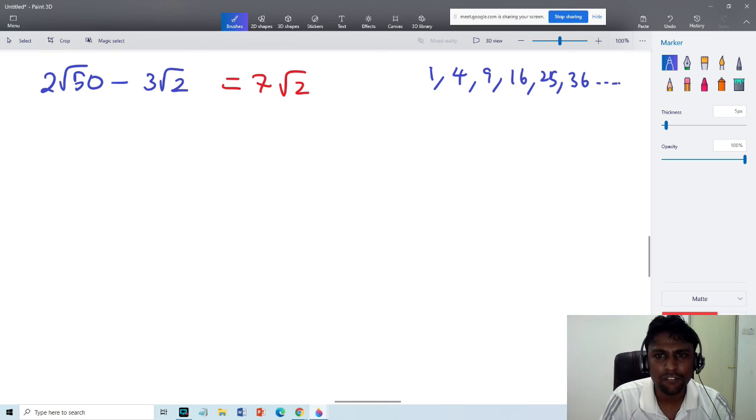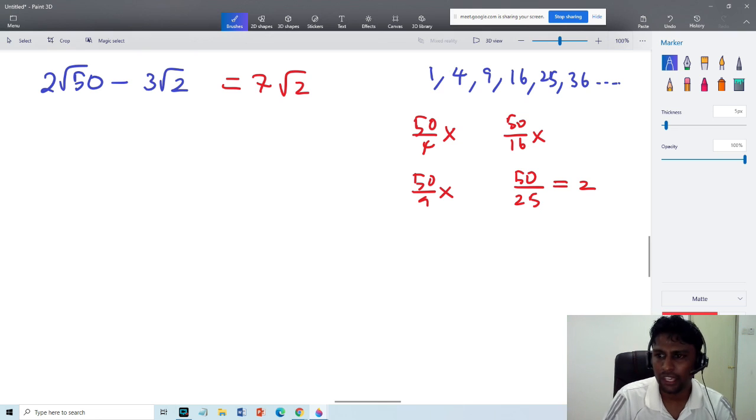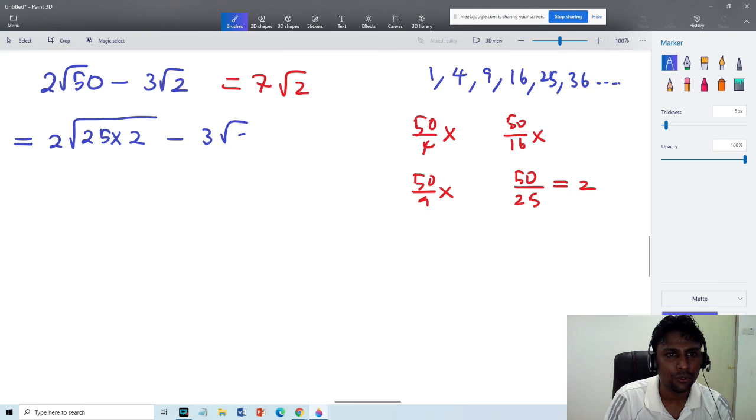First, 50 divided by 4, not a whole number. 50 divided by 9, also not a whole number. 50 divided by 16, not a whole number, but 50 can be divided by 25, so this works. We divide and you get 2. Which means I can write this as equal to square root 25 times 2 minus 3 square root 2.